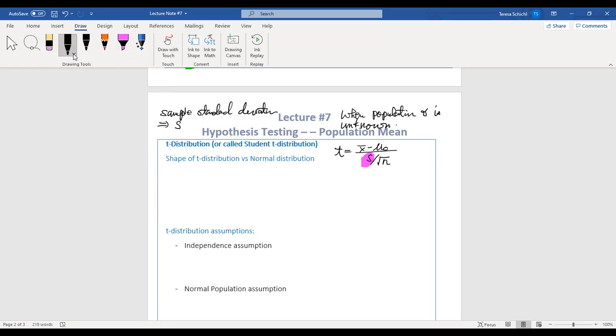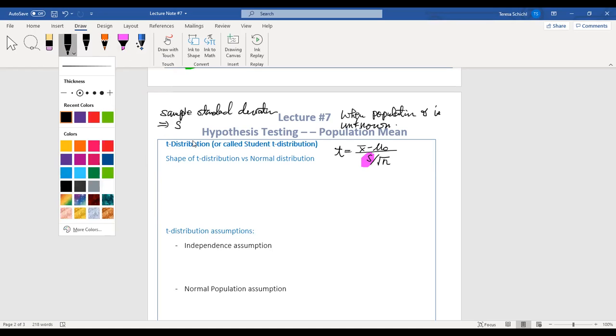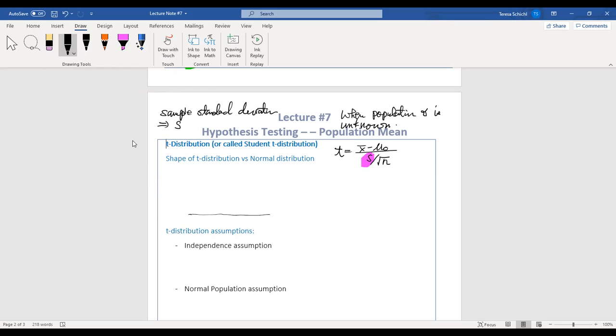So you will ask, how does the t distribution versus the normal distribution look? In fact, the t distribution and the normal distribution are very similar, right? They both kind of have the bell shape here, right?